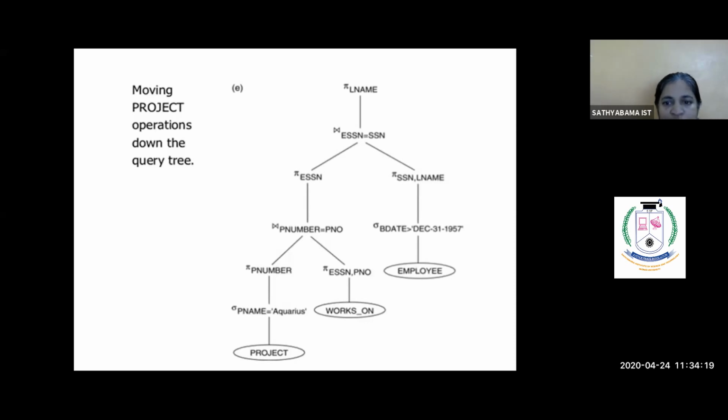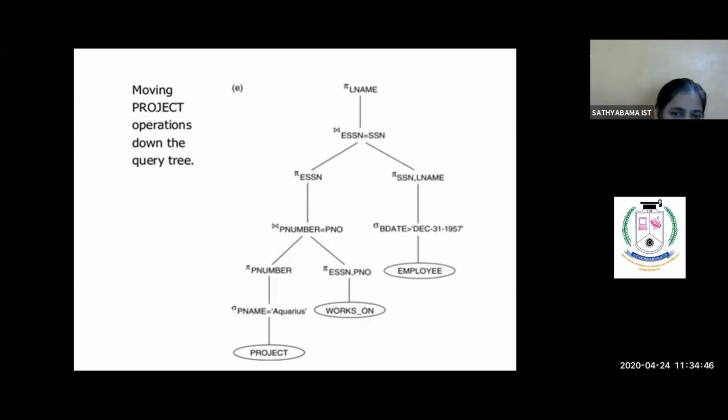Then from works on table, whatever attributes we need, all the rows will be present here, but ESSN and P number alone will be projected from works on table. So only those attribute values we have taken. Here all the rows whichever is matched with Aquarius, here ESSN and P number of works on project, those attributes alone we have taken.